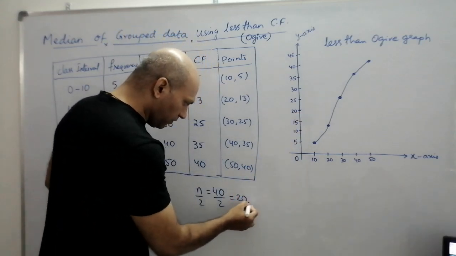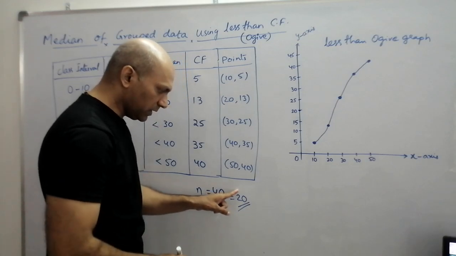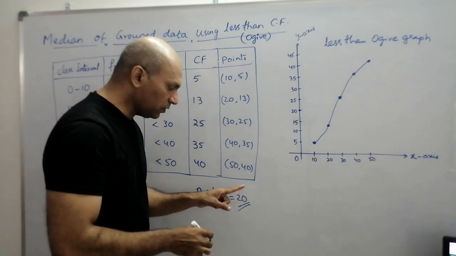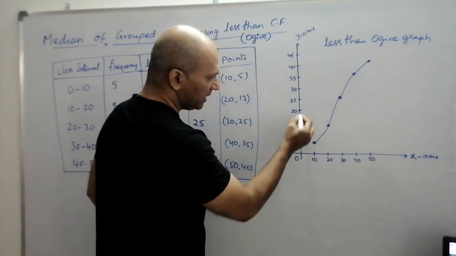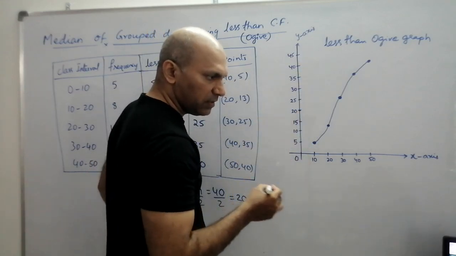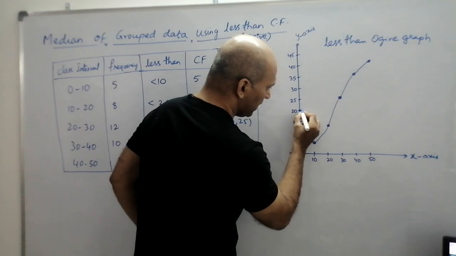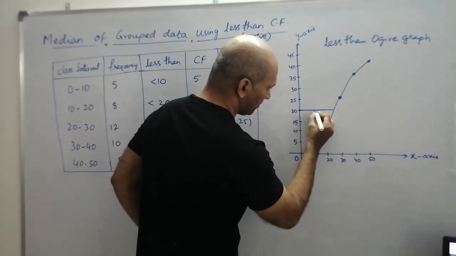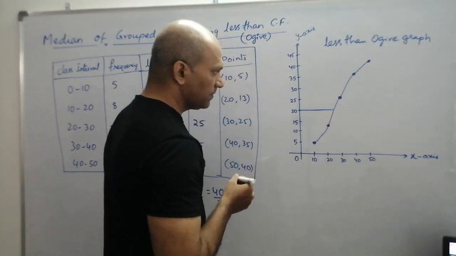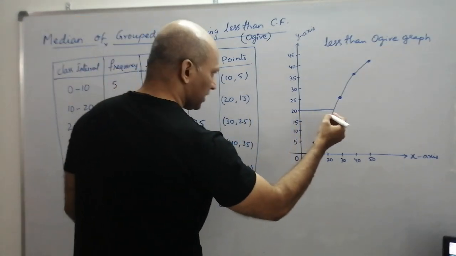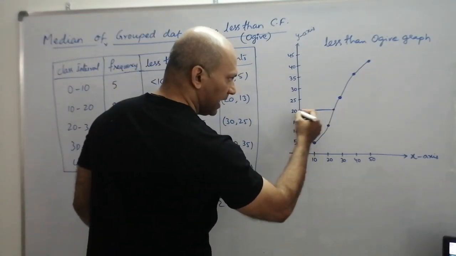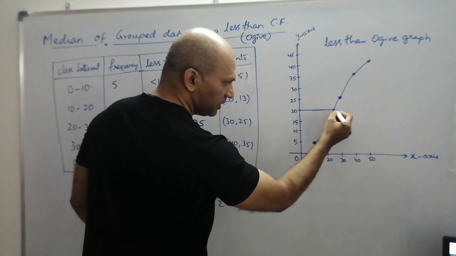That means we should find the value of n by 2. In our case it is 20 and we need to mark this 20 on y-axis. Where is 20 on y-axis? Here. From there, we need to draw a straight, horizontal line like this. Wherever this line is touching the graph, stop there.